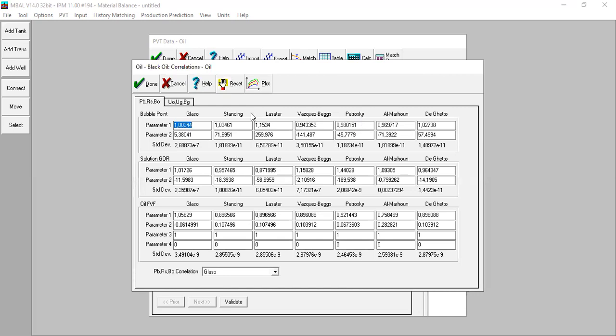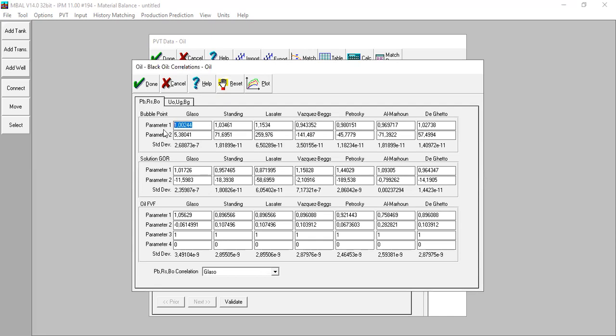So I will select Glasso. Although for Glasso the standard deviation is not that good, for parameter 1, Glasso is the best. It is closest to 1: 1.00, Standing 1.03, Lasater 1.15, Vasquez-Beck 0.94, Petrosky 0.98. So the closest to 1 is Glasso.